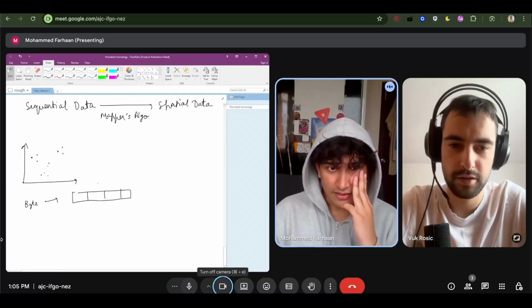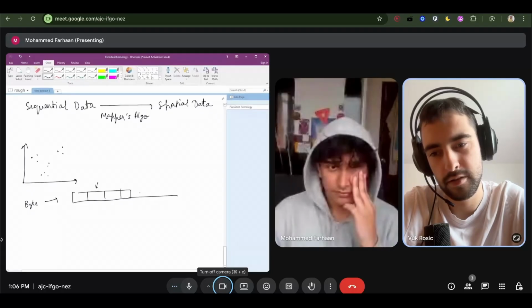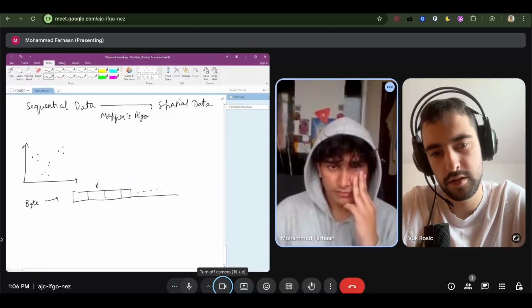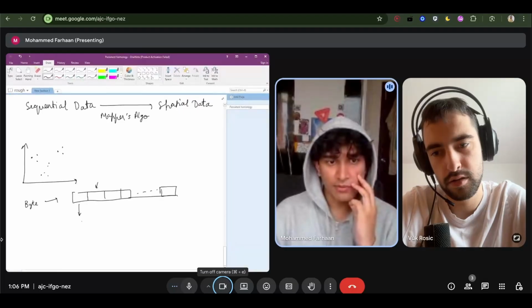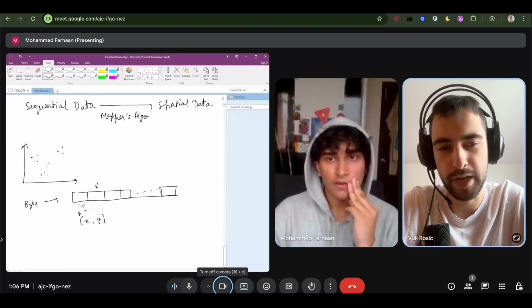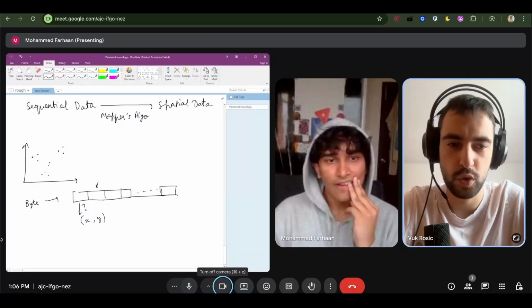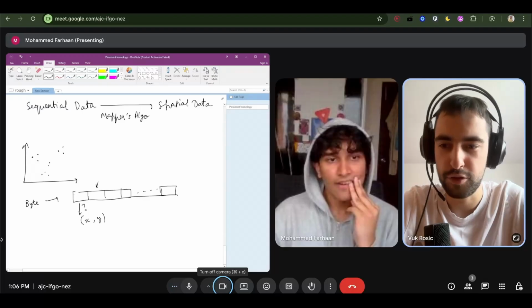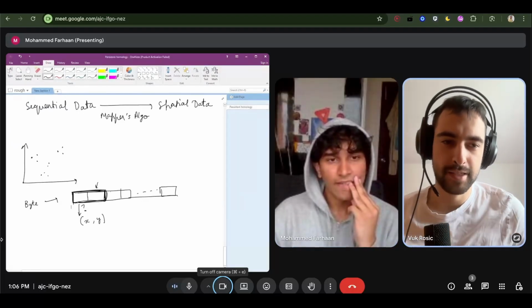Four places, so 4 bytes, I guess. How do we map this into some coordinate x comma y? You just take the first 2 bytes, numbers between 0 and 255 both of them. You take the first byte to be x and the second byte to be y.